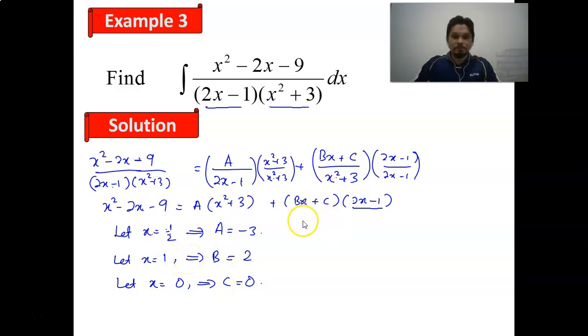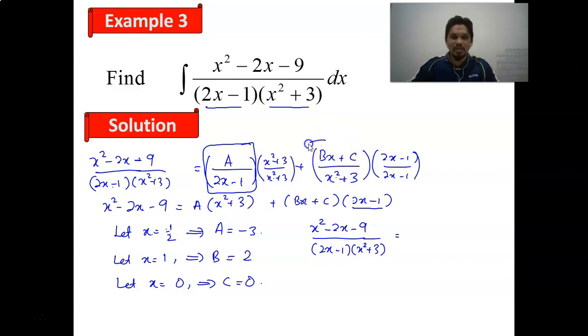So now, x squared minus 2x minus 9 divided by 2x minus 1 and x squared plus 3 equal to this, the original partial fraction that we formed just now.